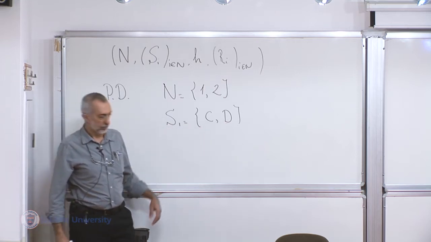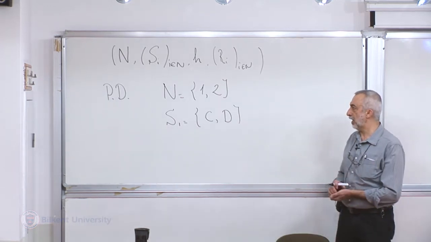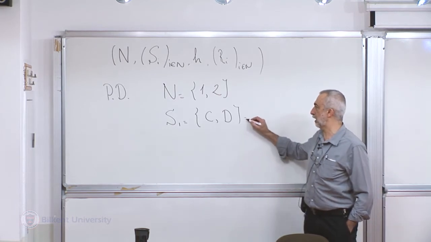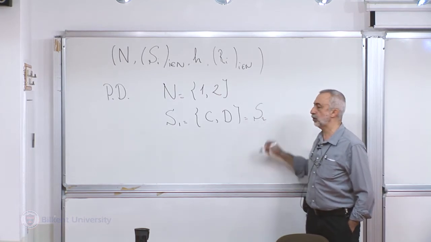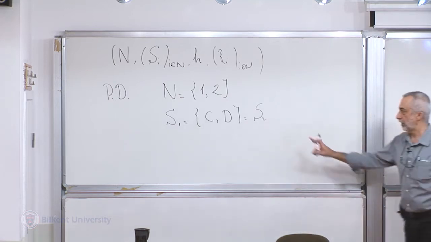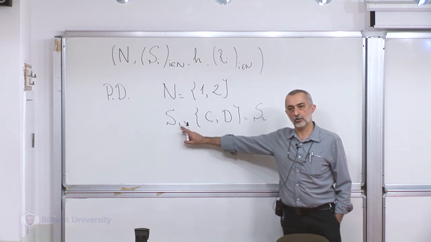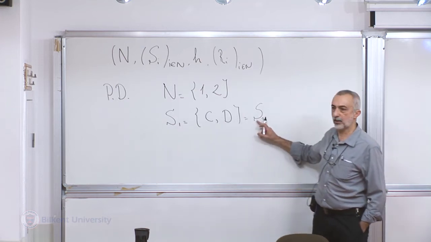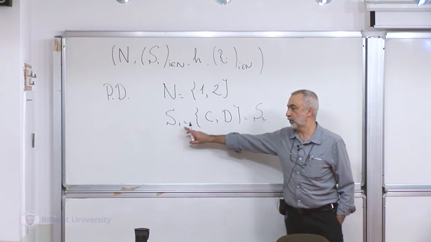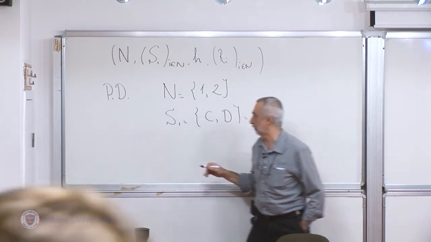And the strategy set of player 2 was the same. So we're going to abuse notation and just say S2 is equal to {C, D}. But again, you should understand that the C which belongs to S2 is different from the C which belongs to S1. The C which is an element of S2 is an action of player 2. The C which belongs to S1 is an action of player 1. So they're two different animals.